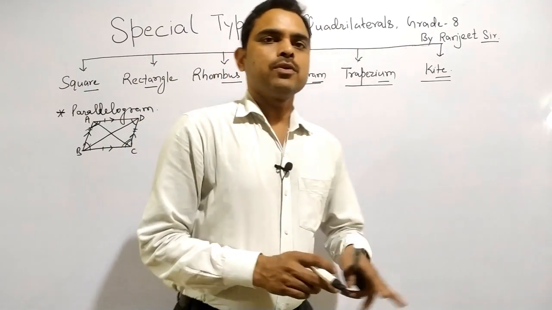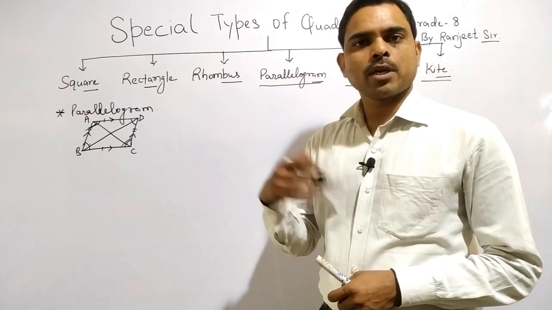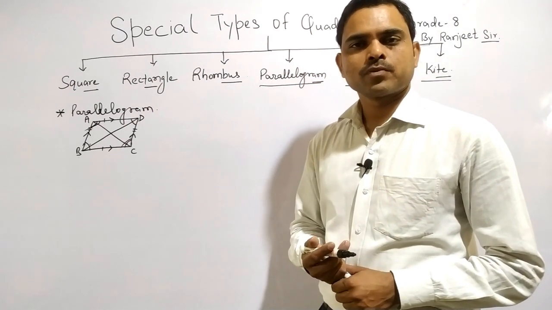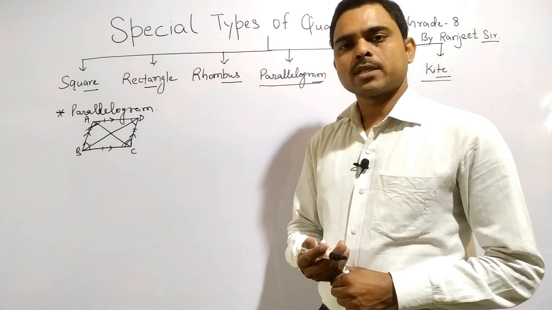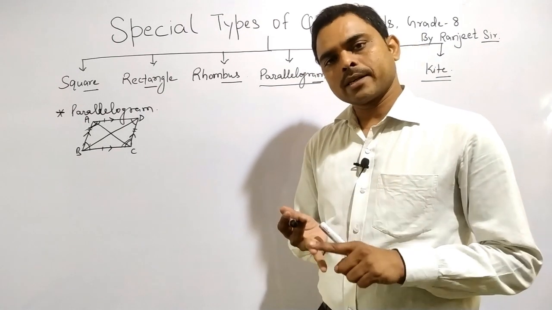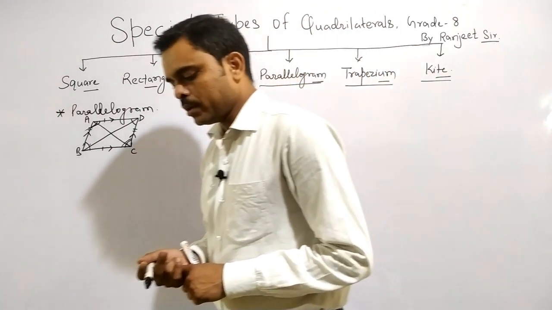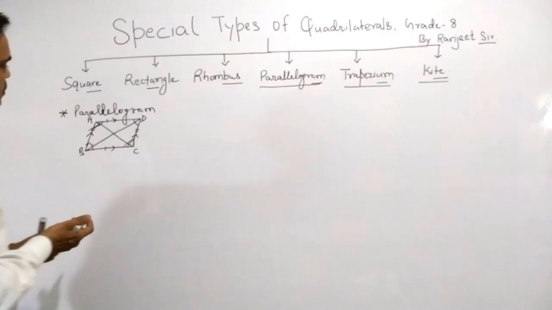So we have to know about three things, as we did in the last video: the sides, the angles and the diagonals. Let's see one by one.